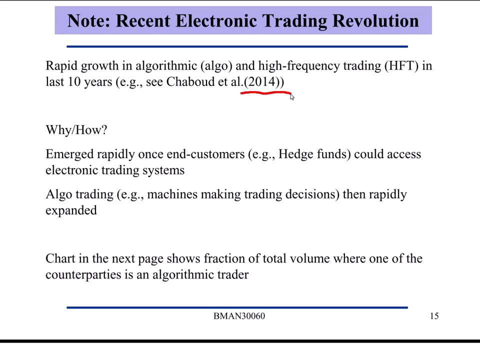Why did we see the rapid growth in algo trading? Hedge funds used to be end customers trading FX with the dealers in the inter-dealer market. Now they can access the FX market directly via electronic trading systems. Now they even start behaving as market makers, dealers in this market. And what is algo trading?